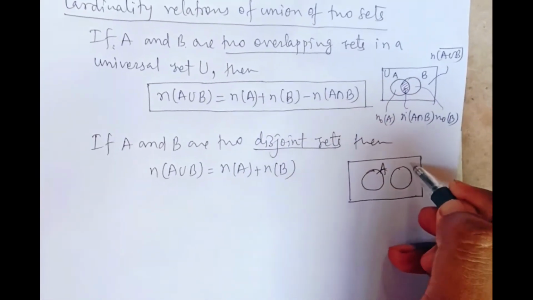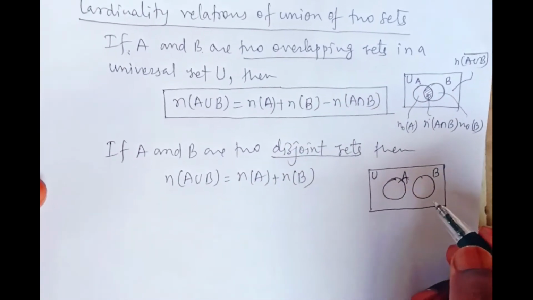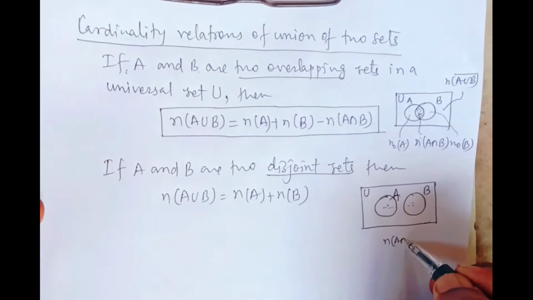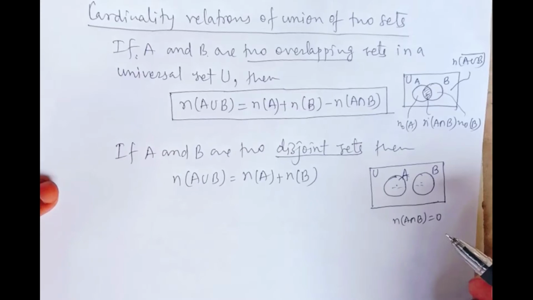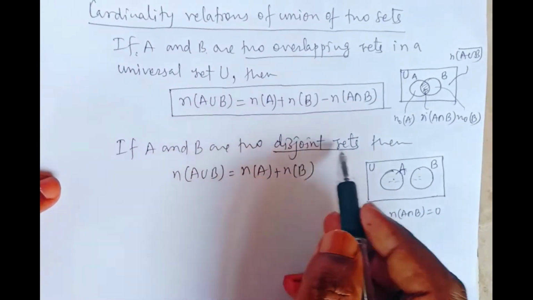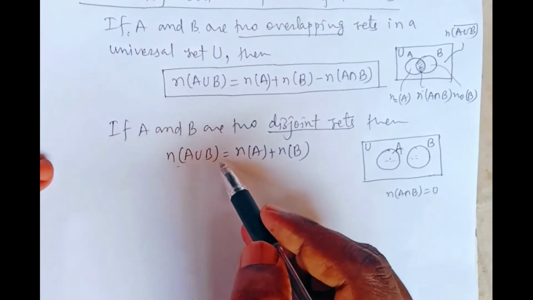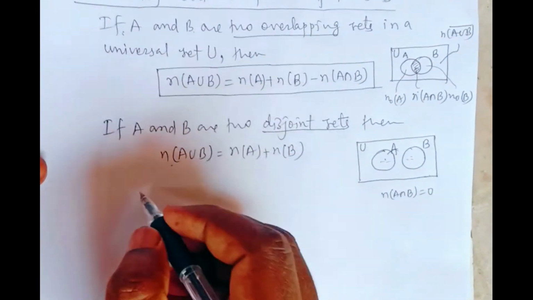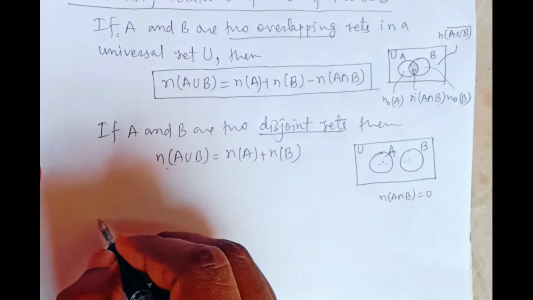So let this be A, this one be B, and this is the universal set. Now there is no common part, that is n of A intersection B is equal to 0. So if A and B are two disjoint sets, then n of A union B is equal to n of A plus n of B, and there are other relations too.